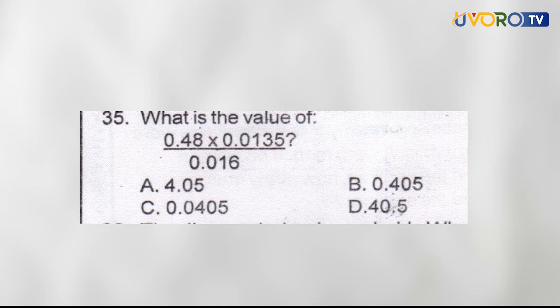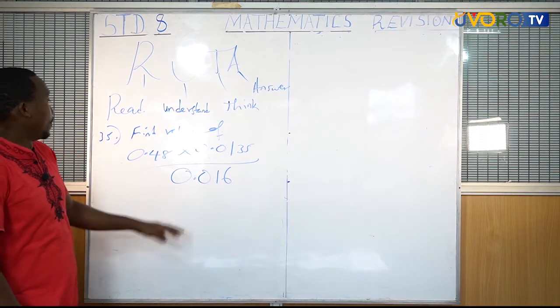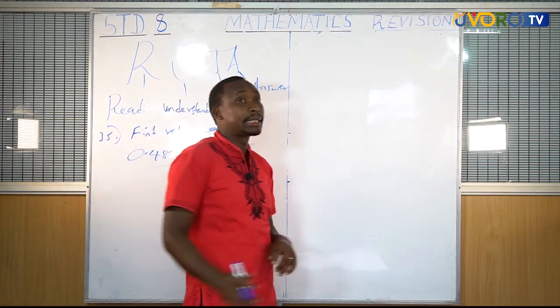Now, class 8, we are supposed to use the formula router, that is R for reading. Read: find the value of 0.48 times 0.0135 divided by 0.016.